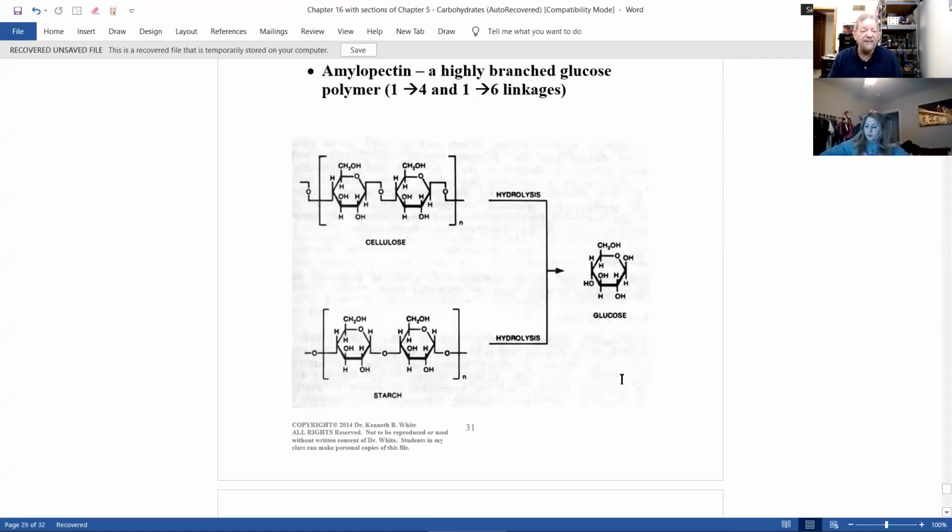Now, if you look up above, you have cellulose, and underneath you have starch. And the big difference between the two, and this is the cyclic form of glucose, is that in cellulose, the stereochemistry, the oxygen bond that I showed you going like this, part of it's above the ring and part of it's below. There's a name for that, and I'm not a carbohydrate chemist, I forgot it.